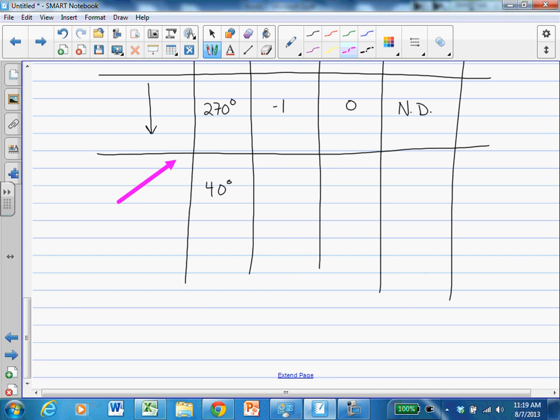Then the sine of 40 degrees gives us the component in the x direction of 0.64. The cosine of 40 degrees gives us 0.77. And the tangent is 0.84. So remember, this is a 1-unit vector.